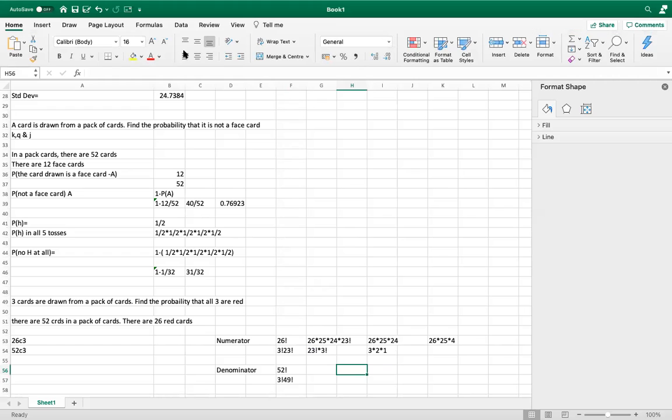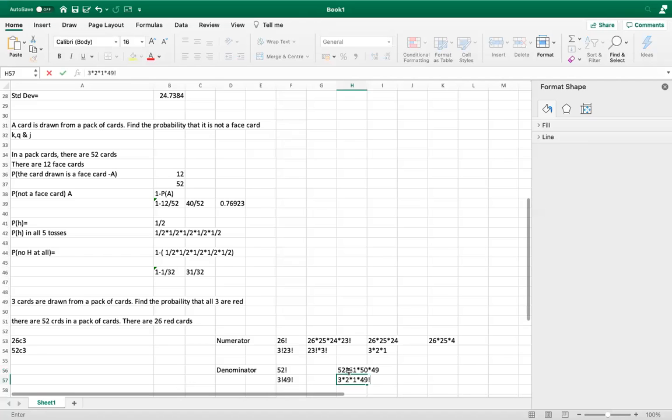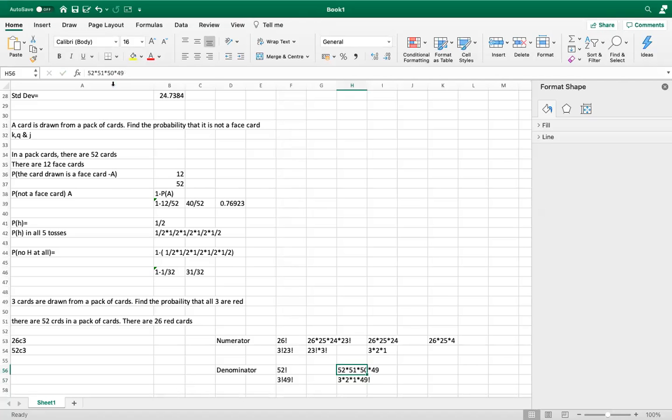So I will say 49 factorial. तो यहाँ पे 49 factorial होगा, sorry 49 factorial.